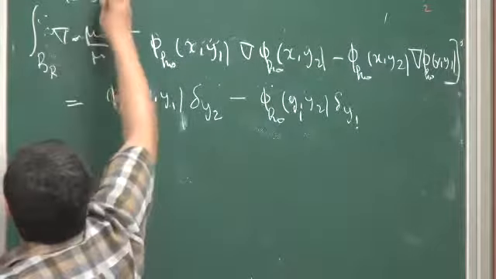Then this quantity, if you integrate it by parts, will give you the integral on the boundary of B_R of nu times this. It's the divergence of something, so you integrate by parts and it will be this guy times nu.